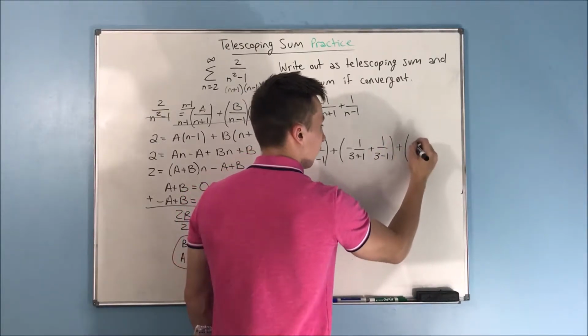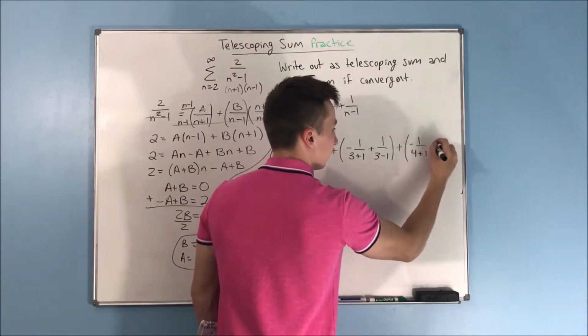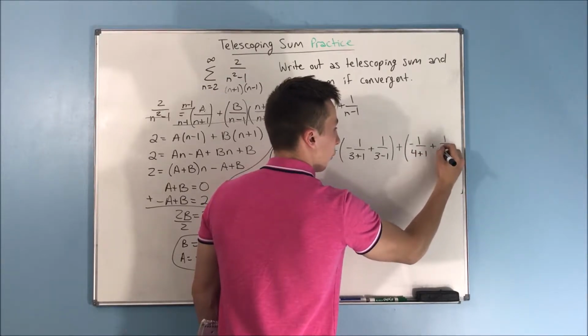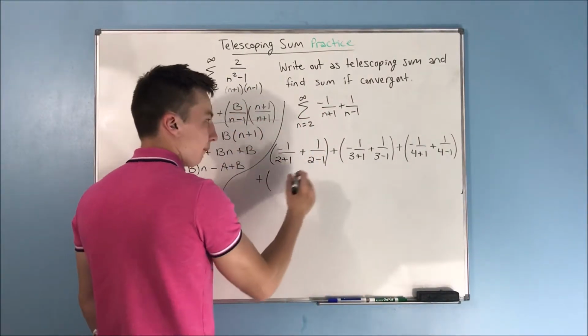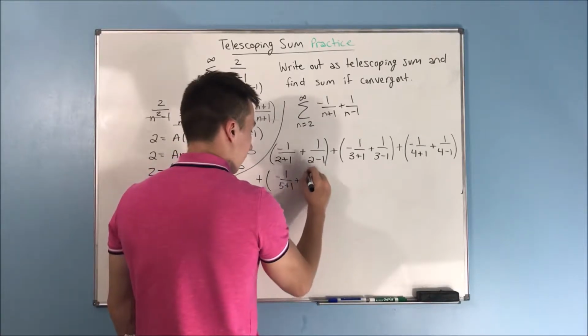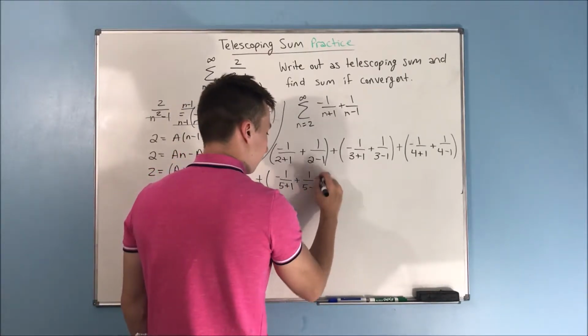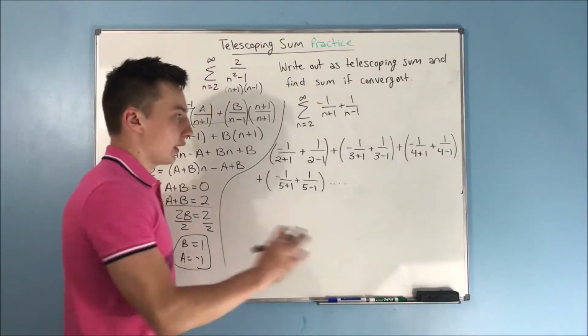And we keep going here: negative 1 over 4 plus 1 plus 1 over 4 minus 1, plus negative 1 over 5 plus 1 plus 1 over 5 minus 1. And then we'll go on, and we can do our end terms in a little bit.